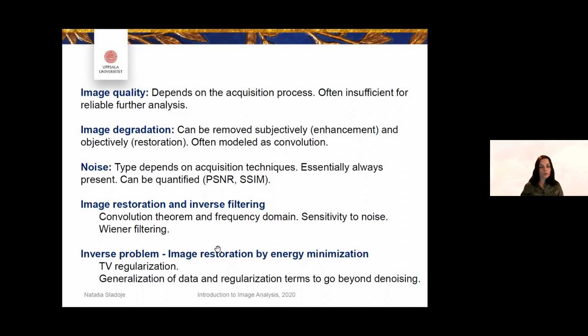So we discussed the energy minimization function. We discussed the energy function, and we discussed different terms that appear in it.